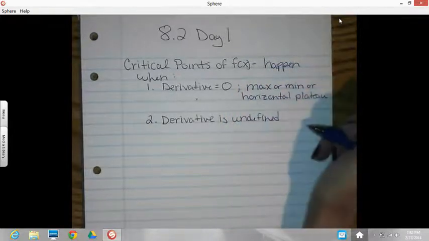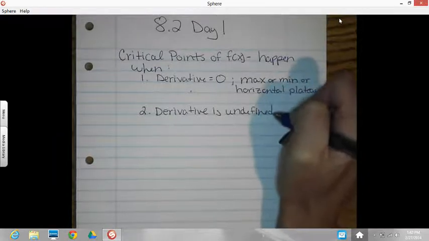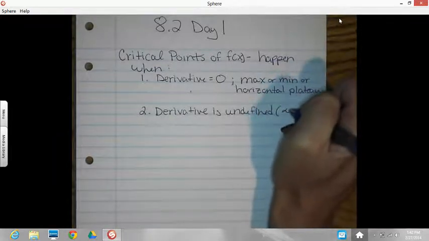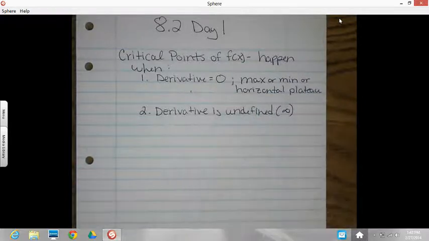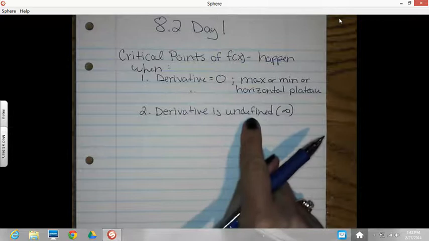Okay, and when the derivative is undefined, the author is now, instead of calling it undefined, calling it an infinite derivative, infinity. So when does the derivative come up undefined or equal to infinity?